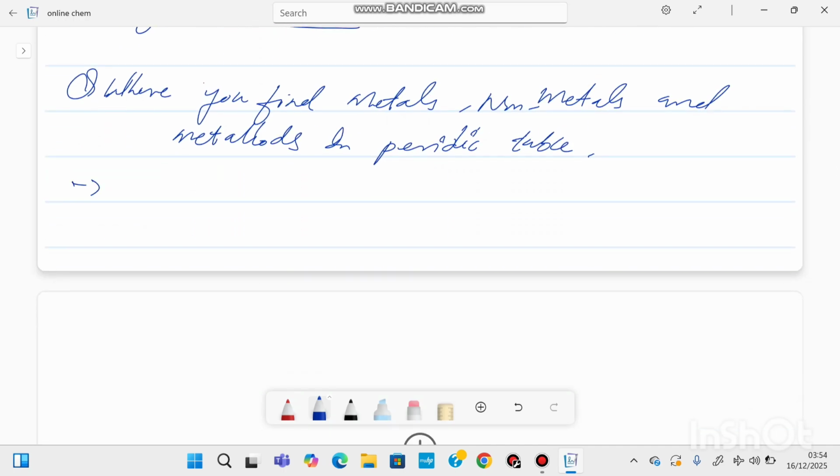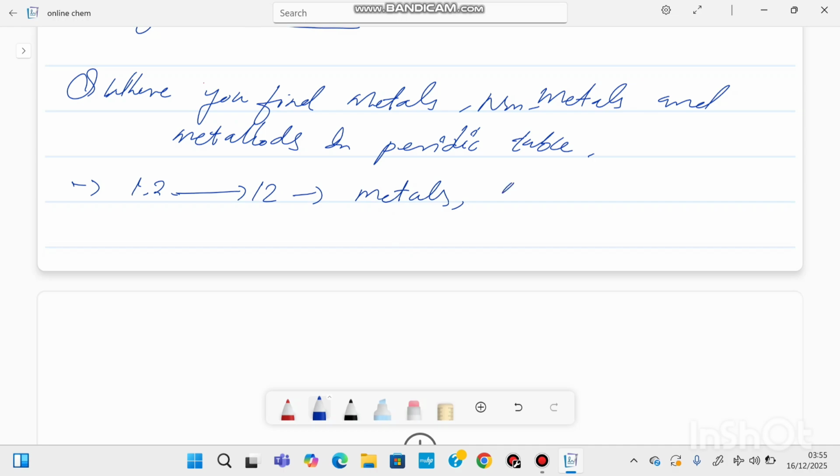In the modern periodic table, the category of transition elements and normal elements has been eliminated, and we are simply grouping them from 1 to 18. Groups 1 to 12 are all metals. The first two groups are normal elements, and then 10 groups are transition elements.